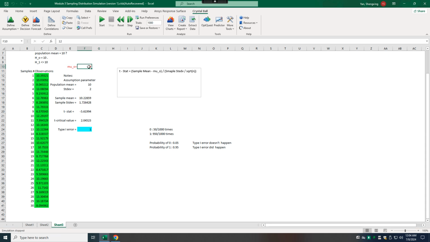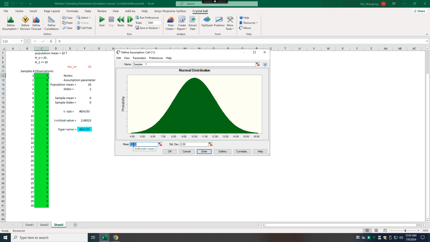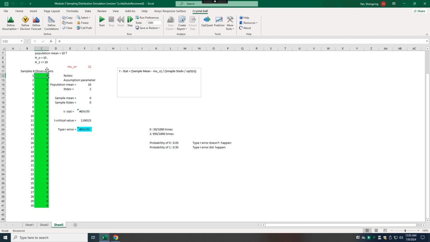Because we didn't set the alpha the same as our assumption. Let's change our assumption to 12. We still need to copy and paste for all the cells. Alright, let's do a check.